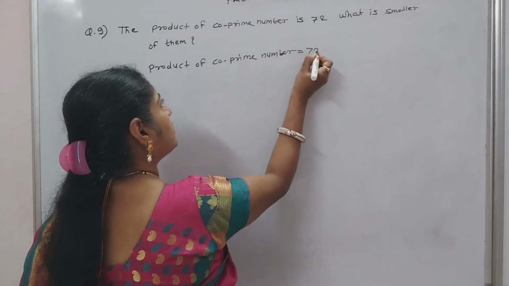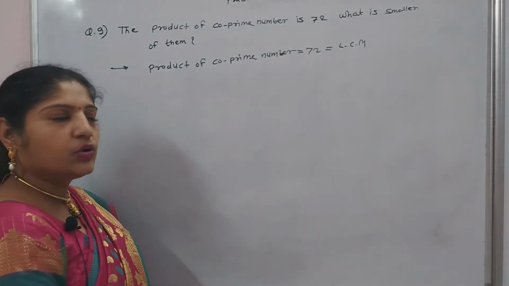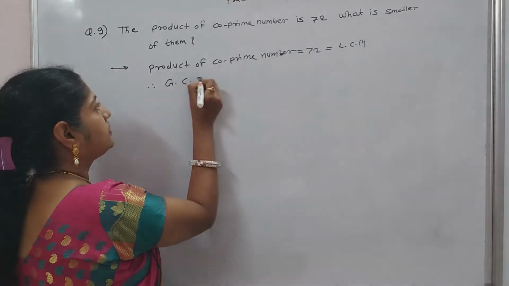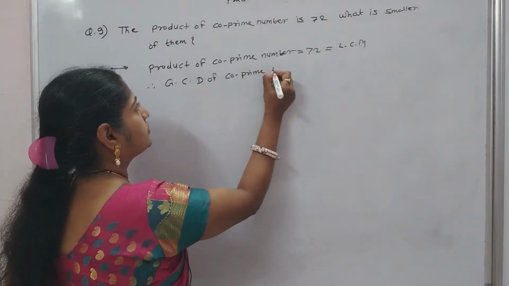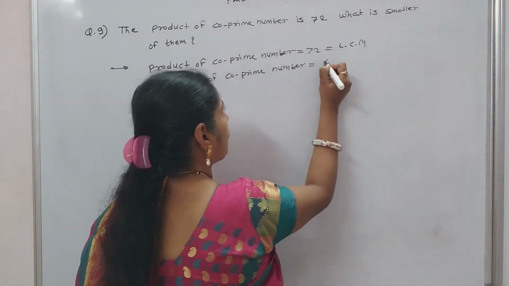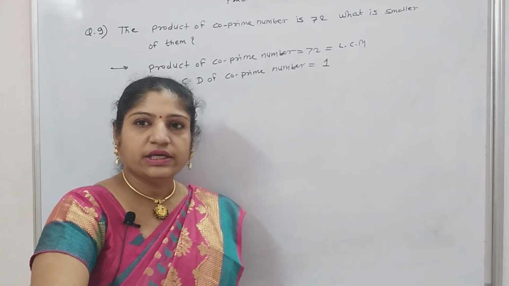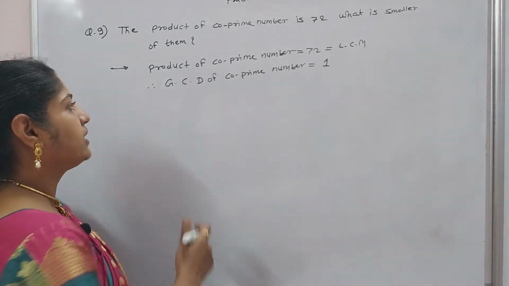LCM equal to 72 and GCD of co-prime numbers is equal to 1. Now we know the GCD and LCM. Now we have to find the first number and second number.